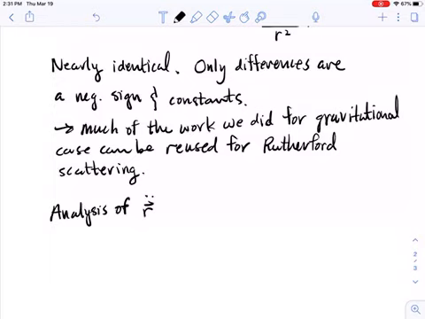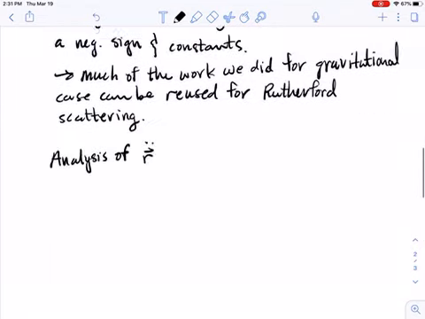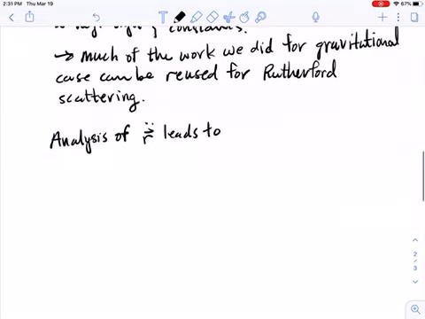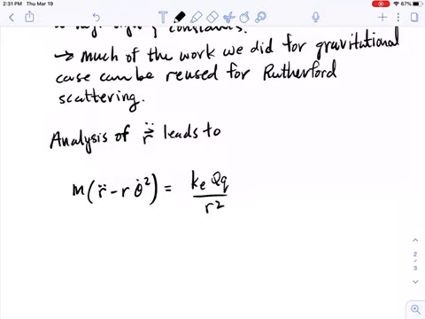And then we would do another derivative, and all of this would lead to, let's see, m times r double dot minus r theta dot squared is equal to minus ke q q over r squared. This is exactly what we had for the gravity case, except for the constants involved and the negative sign. And the other thing we would find would be conservation of angular momentum, where little l is the angular momentum divided by the mass of, in this case, our alpha particle.